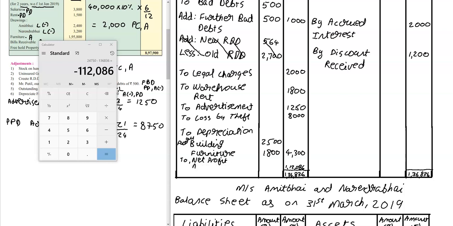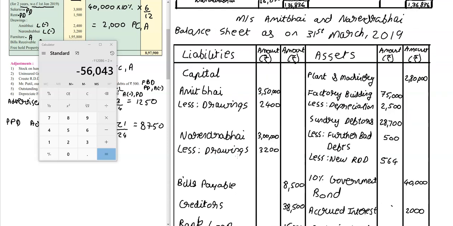The first guy is Amit Bhai and Narendra Bhai. Both of them 50-50, so you can divide it by 2. 56,043, 56,043, 56,043.